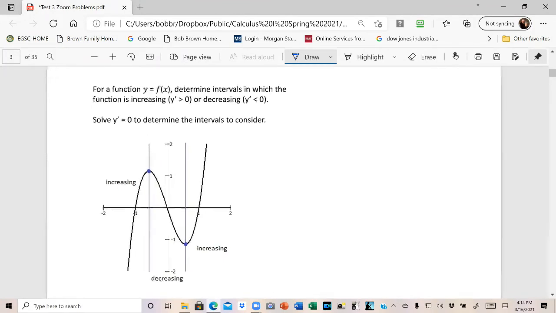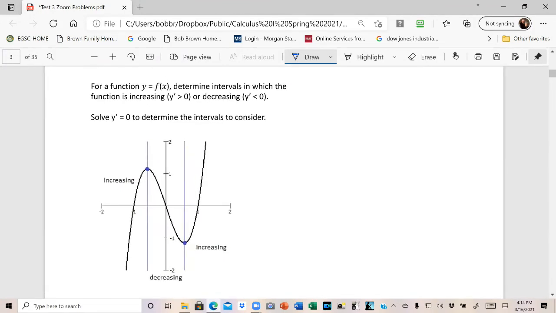You'll also need to be able to determine, for a function y equals f of x, intervals in which the function is increasing. That's when the first derivative is more than 0, or it's decreasing, when the first derivative is less than 0. So you see in this particular function, we have an area here where the slope of the tangent line is positive, so it's an increasing function.